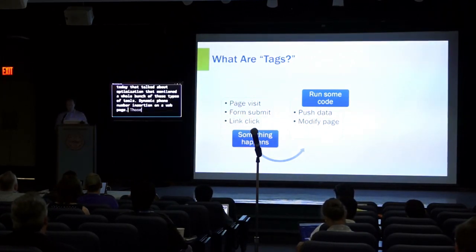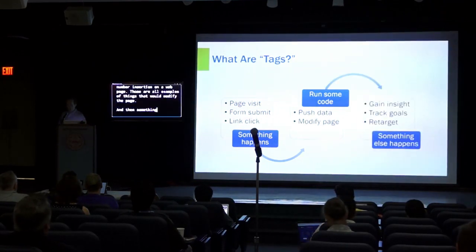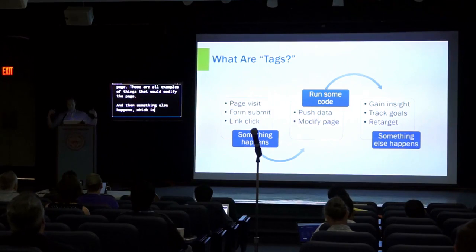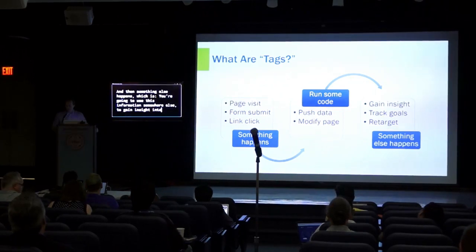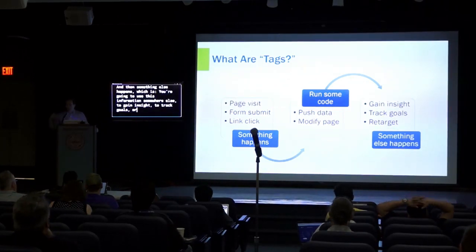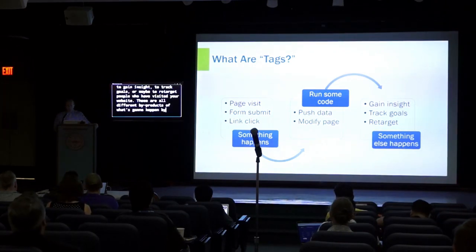Those are all examples of things that would modify the page. And then something else happens, which is you're going to use this information somewhere else to gain insight, to track goals, or maybe to retarget people who have visited your website. Those are all different byproducts of running all of these different codes.